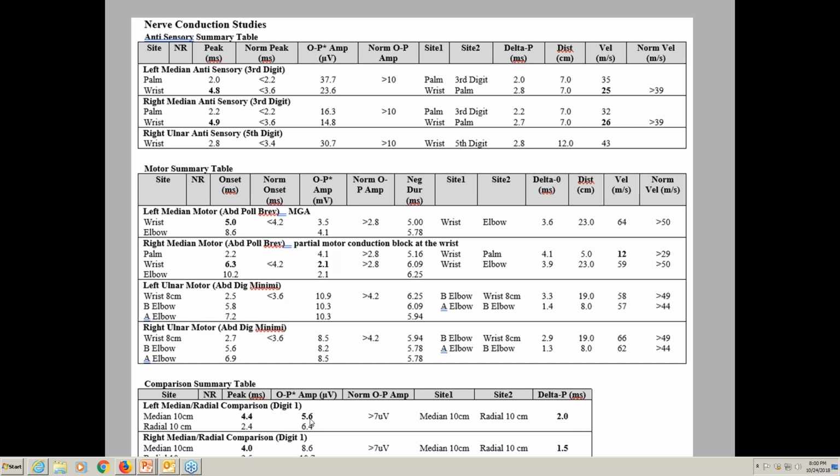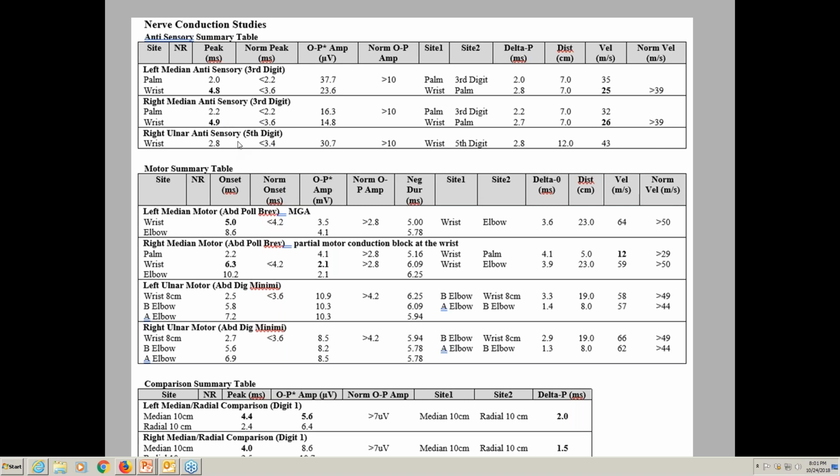I've got a comparably low amplitude on the left side in the sensory. And up here, I look at these amplitudes and I say, well, side to side, the right side to D3 is low. And I see that the latencies across the wrist, which result in transcarpal velocities being slow, are there. So that's what I see when I look at the table.